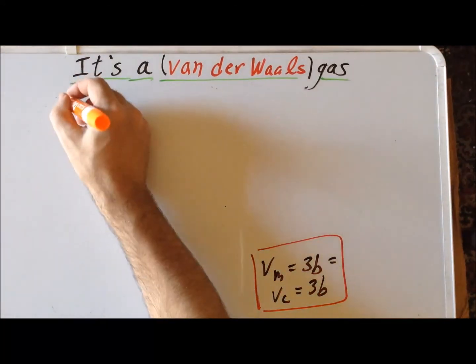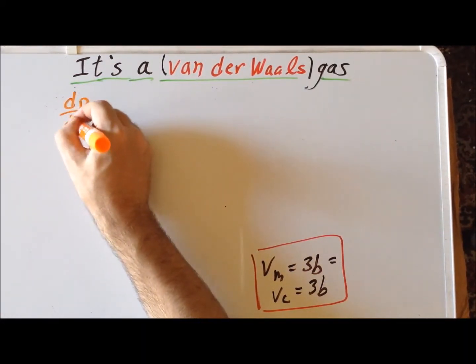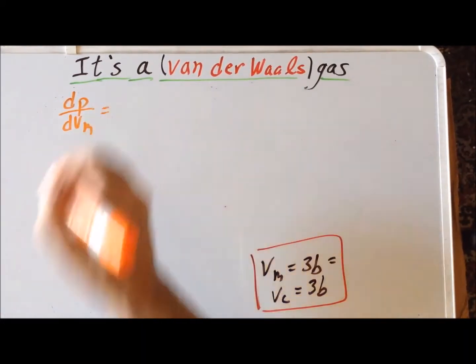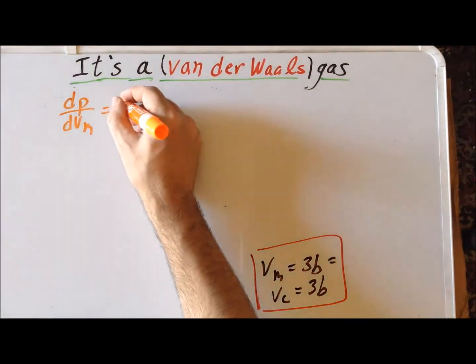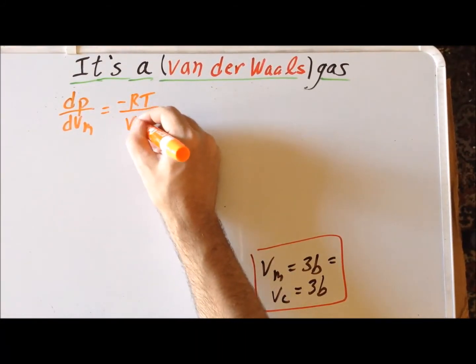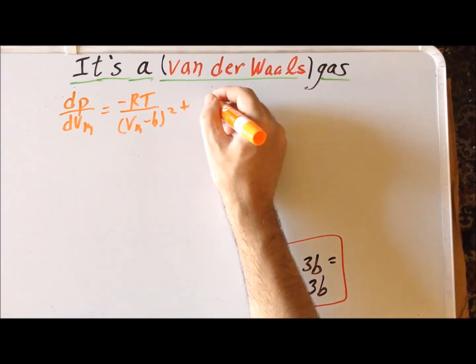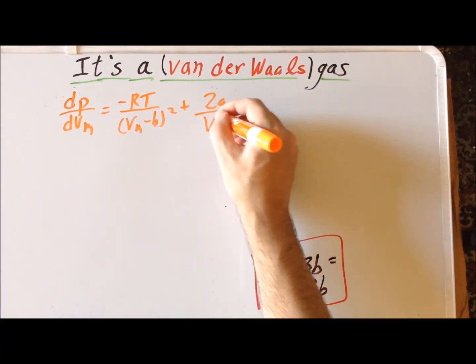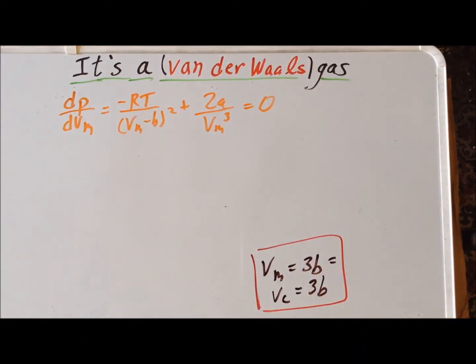Recall that we had determined the first derivative of the pressure with respect to the molar volume, and that we had found that to be minus RT divided by (V_m minus b) squared plus 2a divided by the molar volume cubed, and that this is equal to 0 at the critical point.